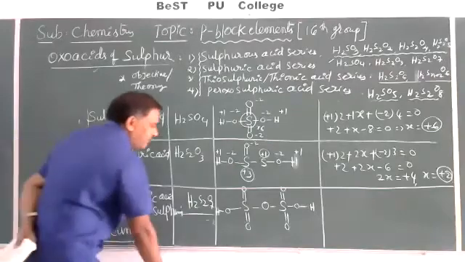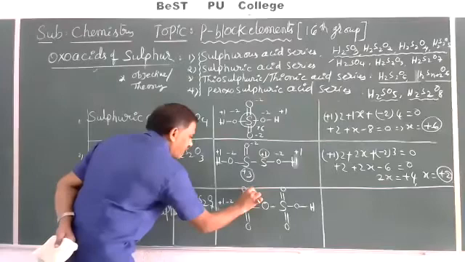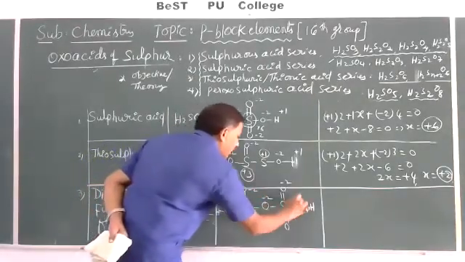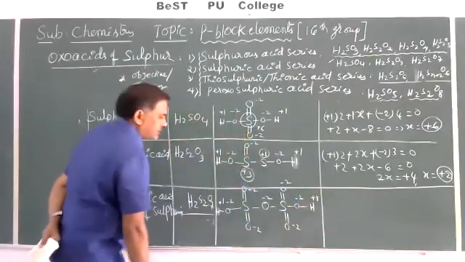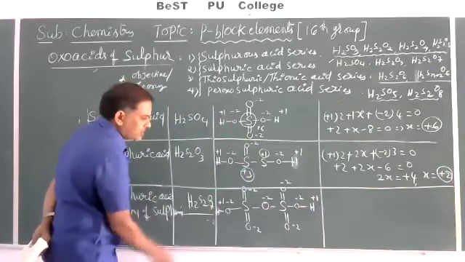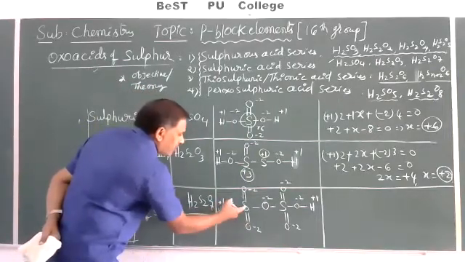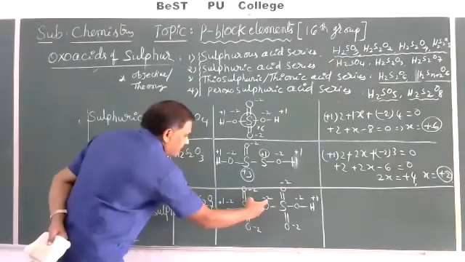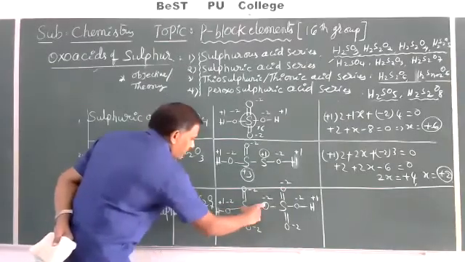Very, very important. Now hydrogen is +1, and each oxygen is -2, because generally each oxygen atom is -2 oxidation state; it is not a peroxy linkage, it is a general oxide. In this case there are 2 sulfur atoms. The bridging oxygen atom is -2, with one minus on this side and one minus on this side.